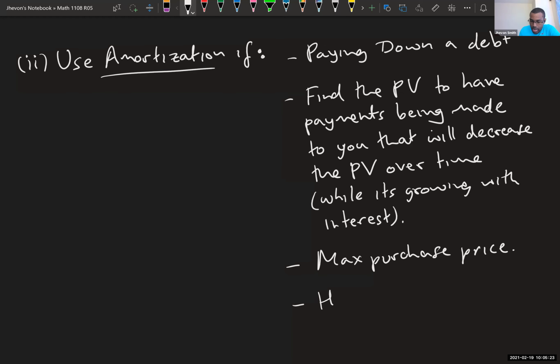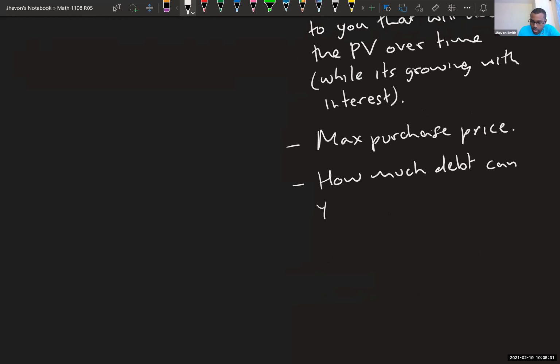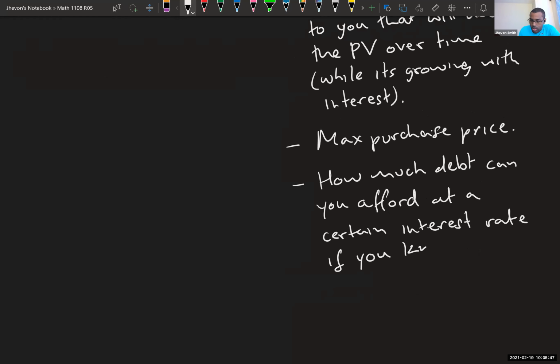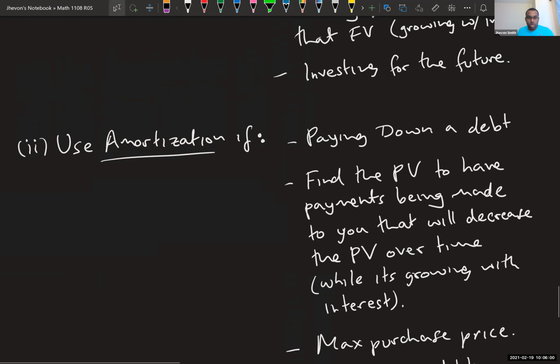Which is talking about how much debt can you afford at a certain interest rate if you know what payments you can make. Right? So in any of those scenarios, you want to use amortization, right?